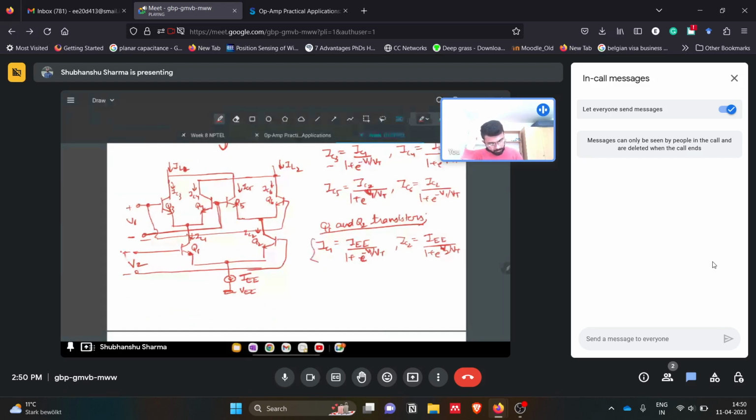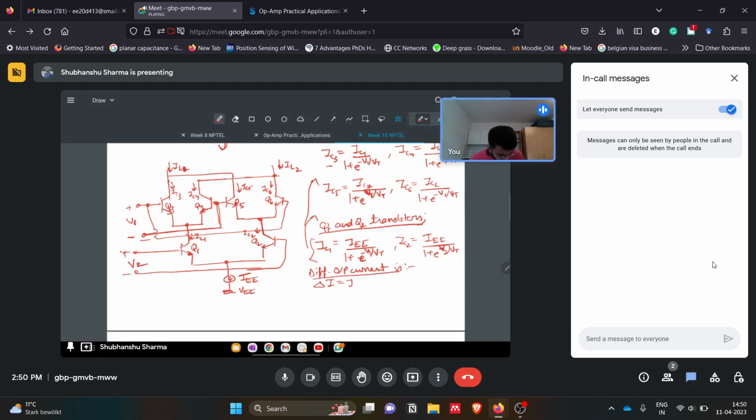Now if we substitute these two equations in the above equations, then finally we will get delta I, the differential output current. Delta I equals IL1 minus IL2. These are the output currents, which we can write as IC3 plus IC5 minus IC4 plus IC6.